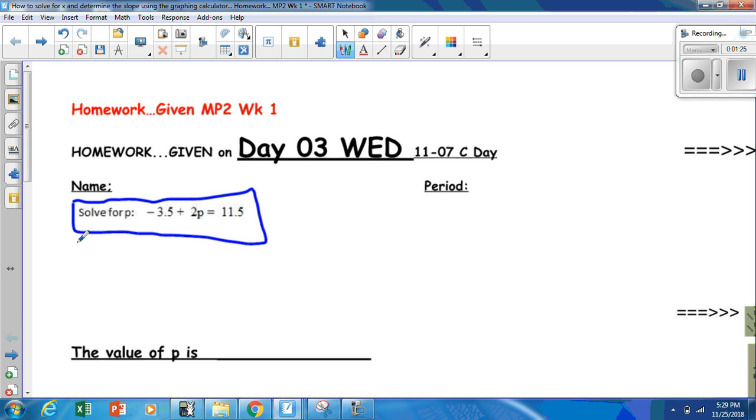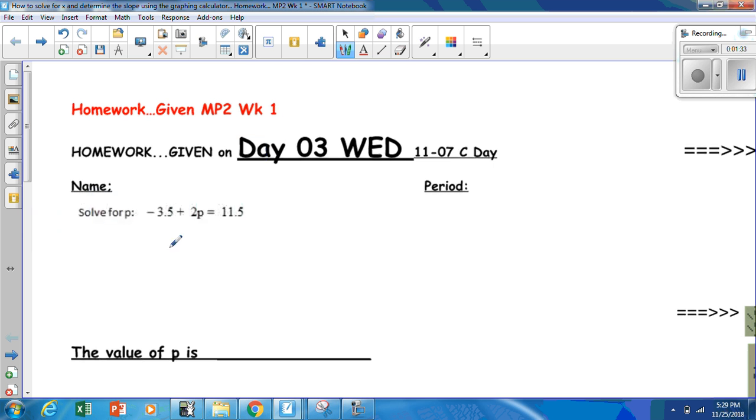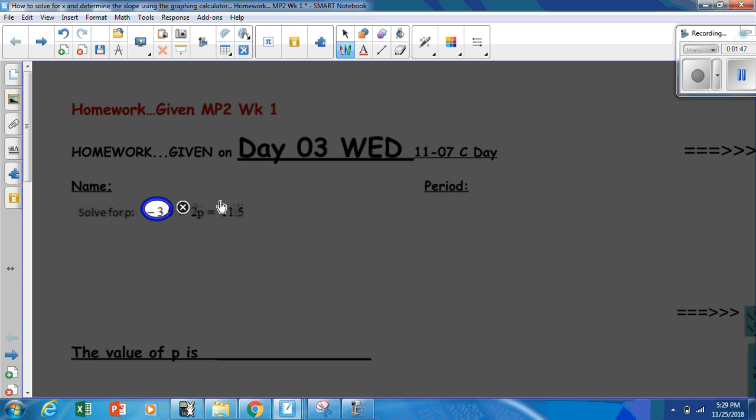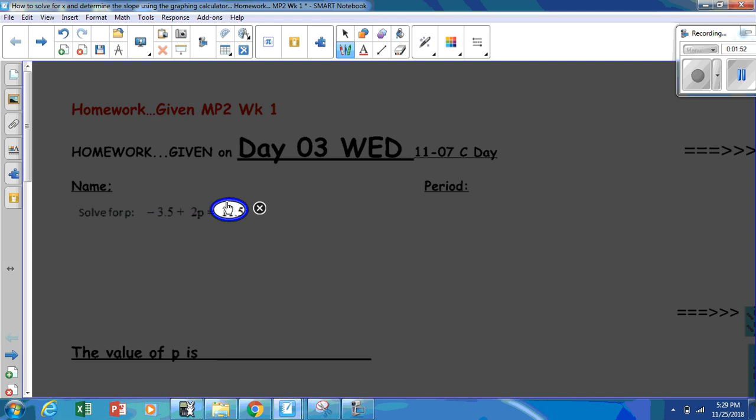In this first problem, we're asked to solve for p. And traditionally, what I would tell you to do is use the boxes and circle methods, where all my boxes are going to represent my variables, where all my circles are going to represent my constants or my numbers.